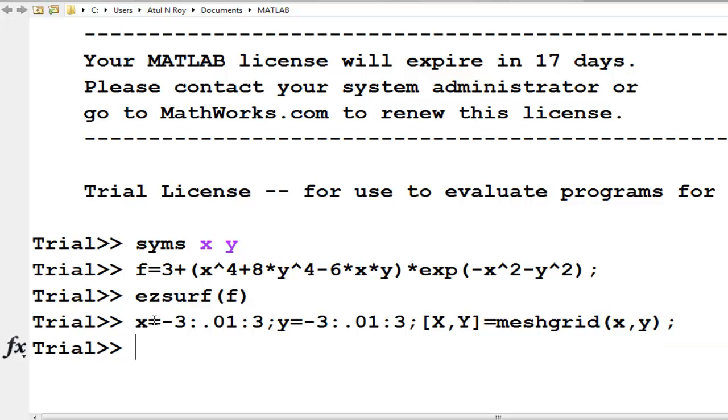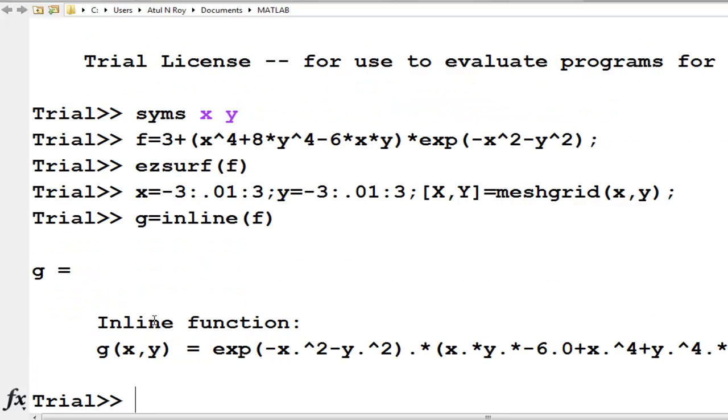All right, so here we are, and then let's define g as an inline function of f for the purpose of array arithmetic. So here we have everything, the periods put in properly for array arithmetic. Now let's look at a contour plot. Before we do that, we have to give z the values.